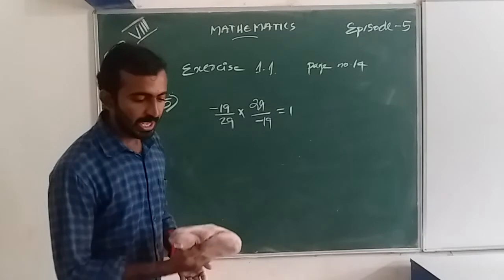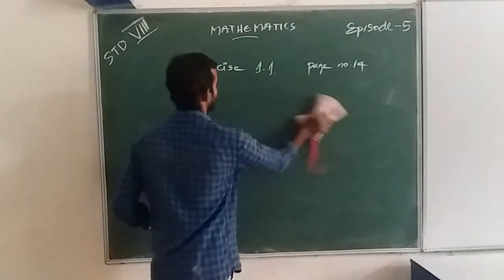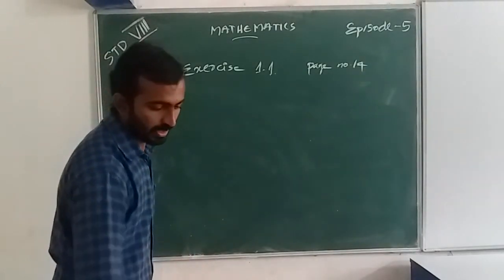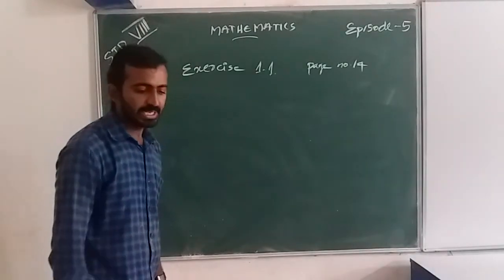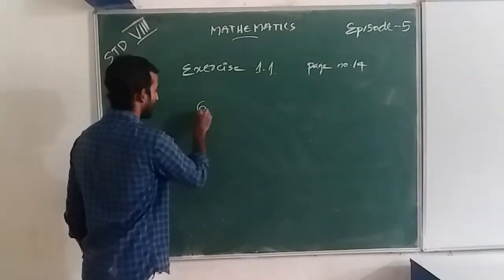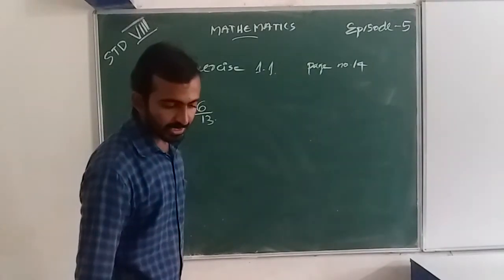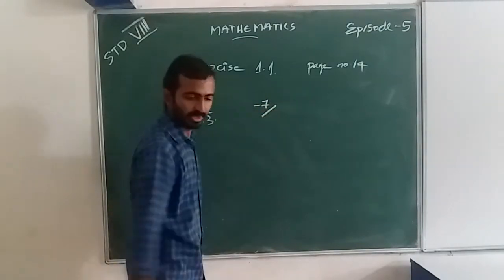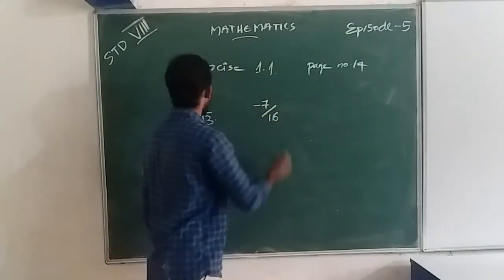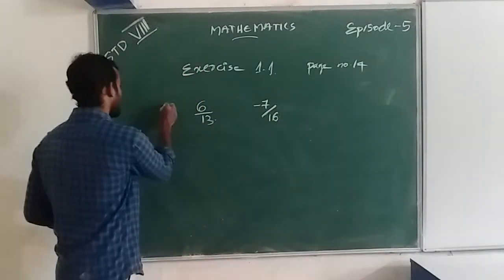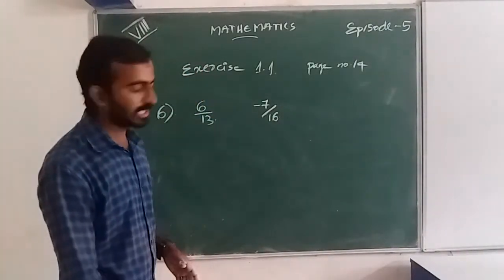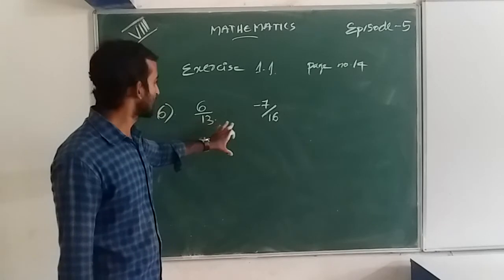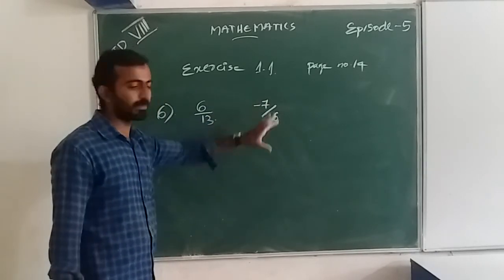Next, we can discuss question number 6. Multiply 6 by 13 by the reciprocal of negative 7 by 16.